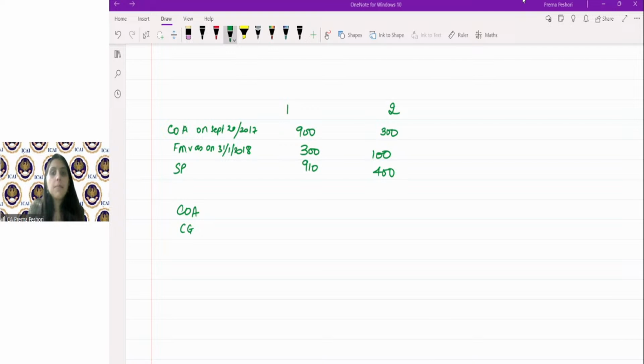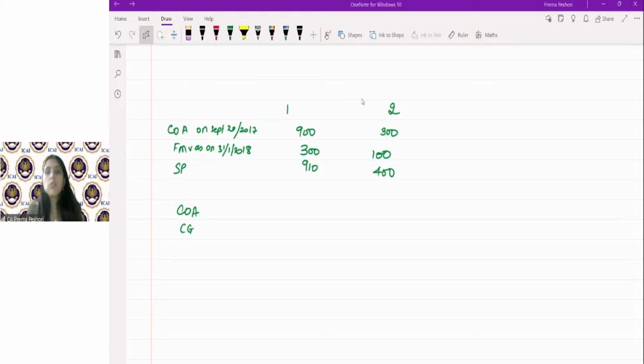Yes, quickly tell me. Cost of acquisition here will be what? 900. Yes, you're correct. Correct, Vinay, it's 900. Yes, this is listed, Jacob. We are talking about the listed shares only. Yes, capital gain is 10.